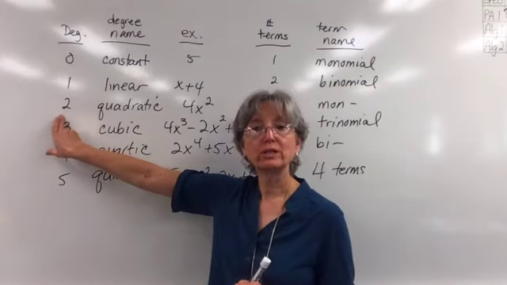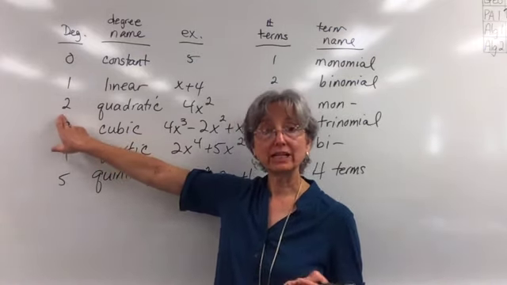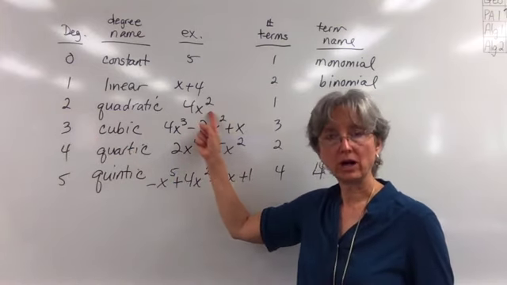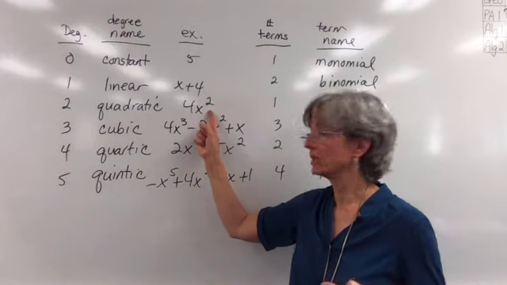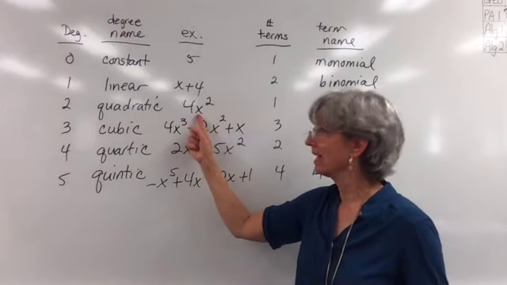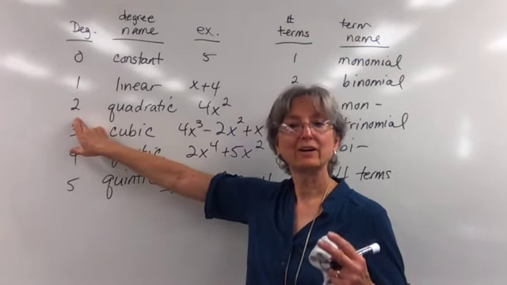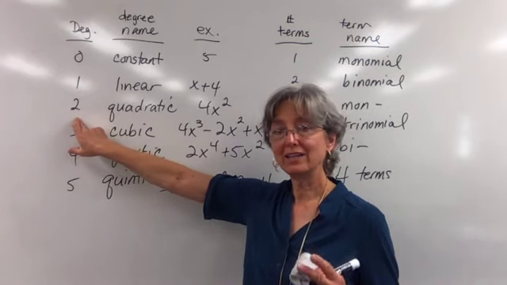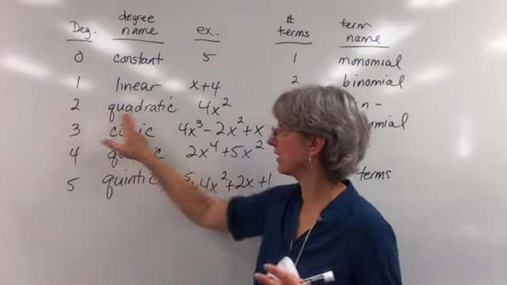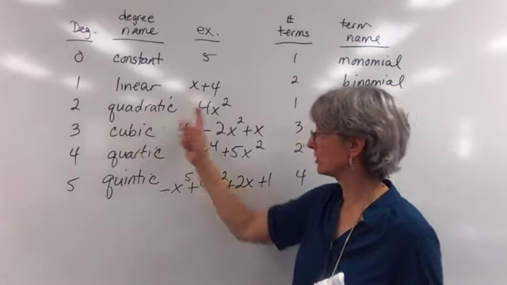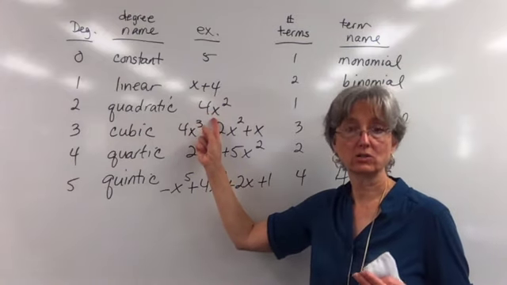If we have a degree of 2, we call that a quadratic. It's a quadratic because our highest degree is 2. So the highest degree is the x squared. An example of my quadratic here is 4x squared.